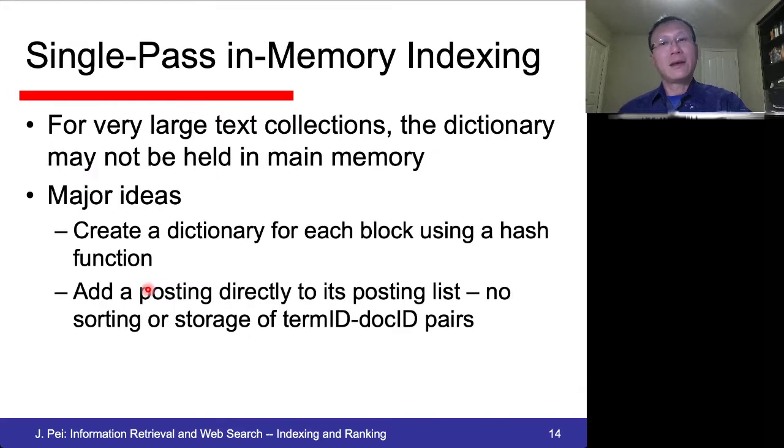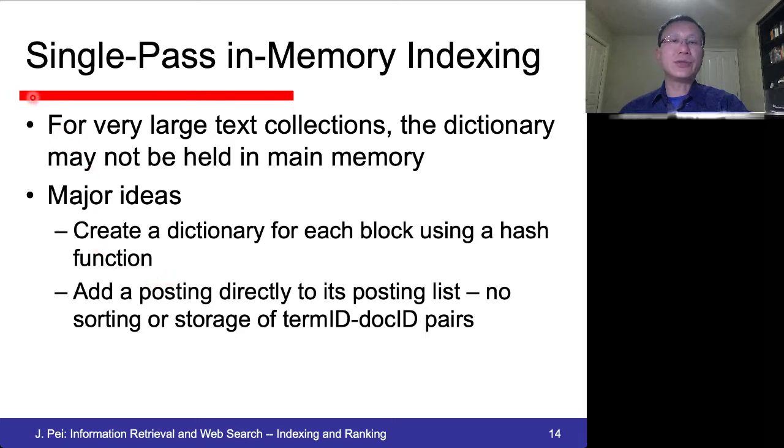Well, this assumption may not hold all the time, because if you have a large collection of documents and there are many terms, indeed the dictionary can be too big to be put into main memory. How can we handle a situation like that?